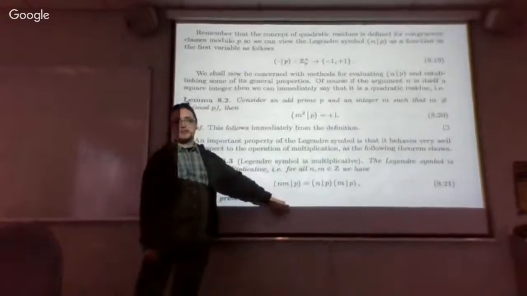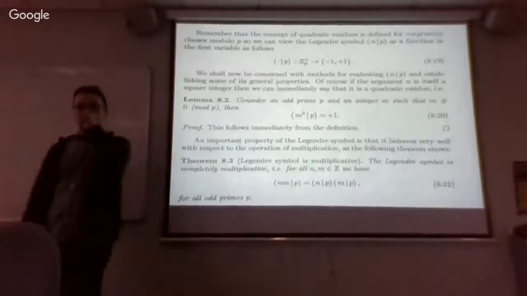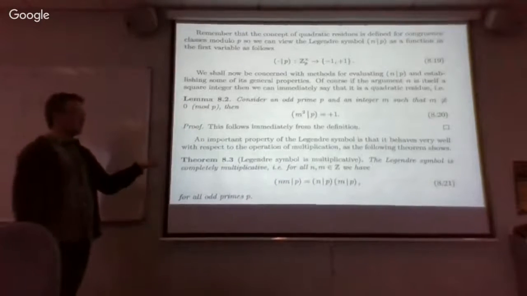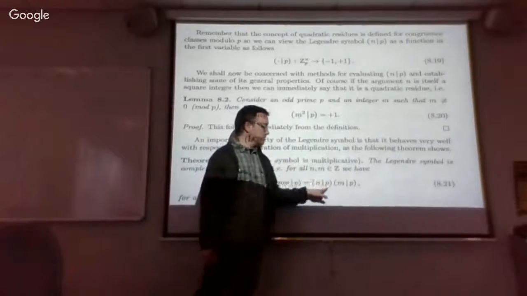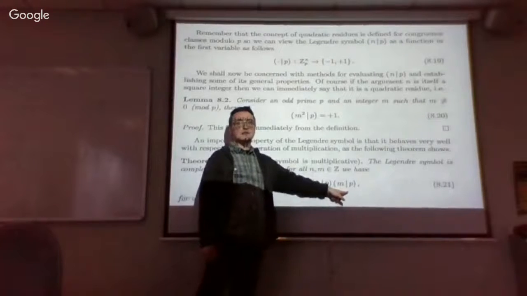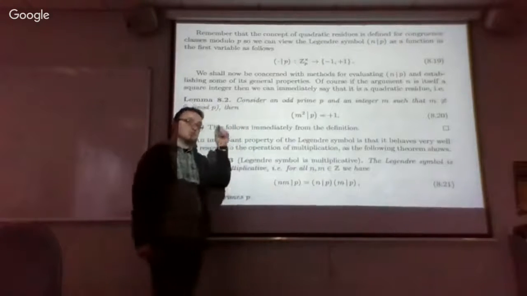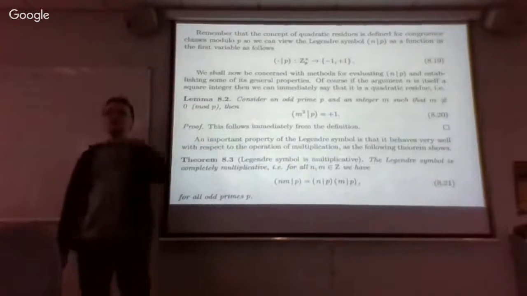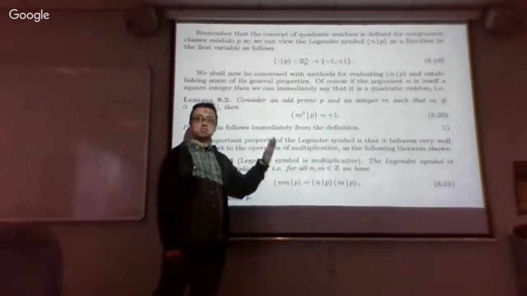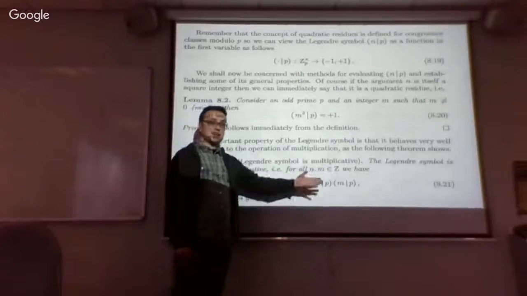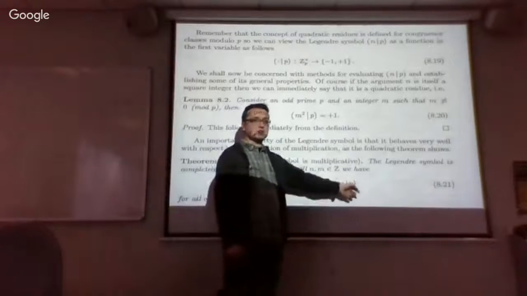So this will be plus 1 on the left-hand side. If one of them is a residue and one of them isn't, then one of these factors will be plus 1, the other one will be minus 1. Well, we proved that the product of a residue and a non-residue is a non-residue. So the product n times m will be a non-residue, so you have minus 1 here. Again, that agrees. Minus 1 is plus 1 times minus 1.